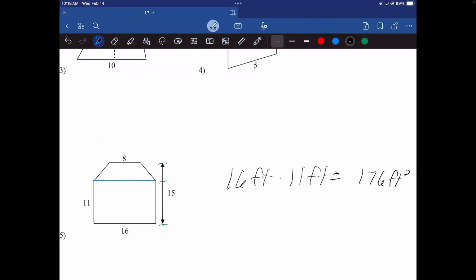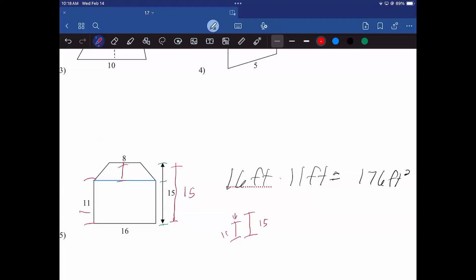But now I need to figure out, hey, what's this length here? Well, if I know this length here is 15, and this length here is 11, I'm looking for the difference between the two lengths. And when I hear the word difference, that reminds me I'm subtracting. I'm lining them up next to each other and saying, this one's 15, this one's 11.